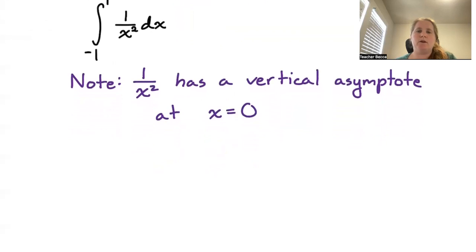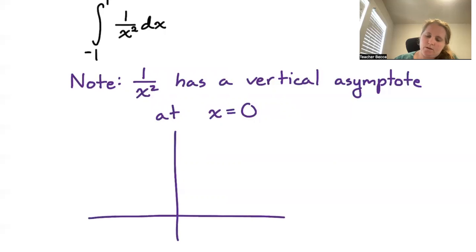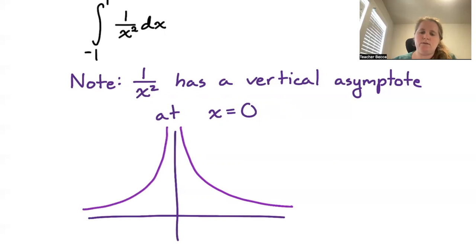So if we were to draw our picture, we have our 1 over x squared graph in the first quadrant, and then its mirror image in the second quadrant. We're going from negative 1 to 1 with our problem at 0.